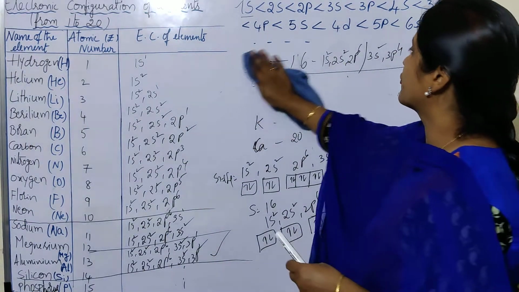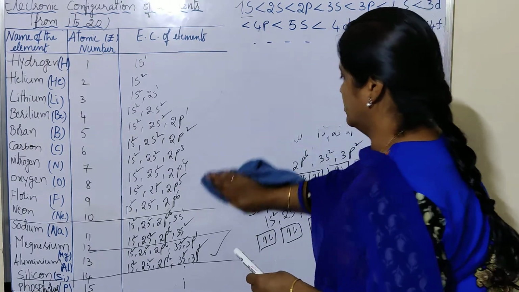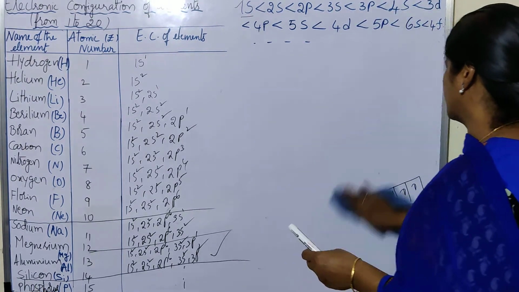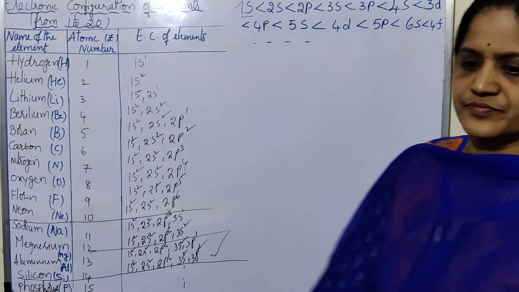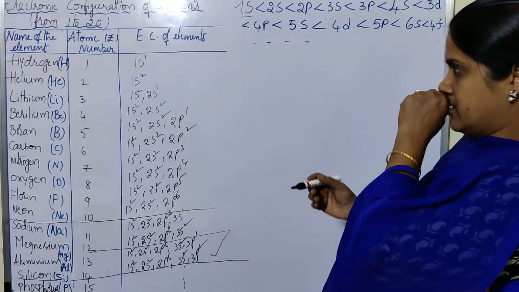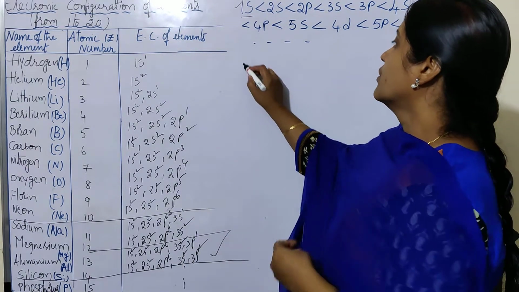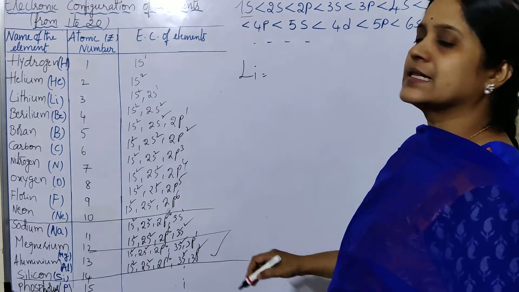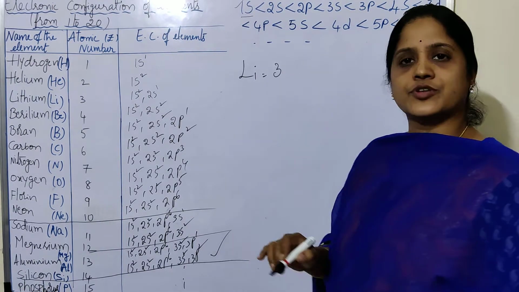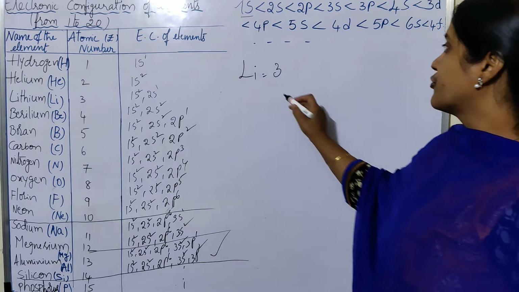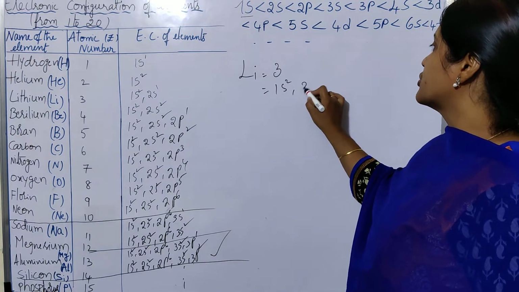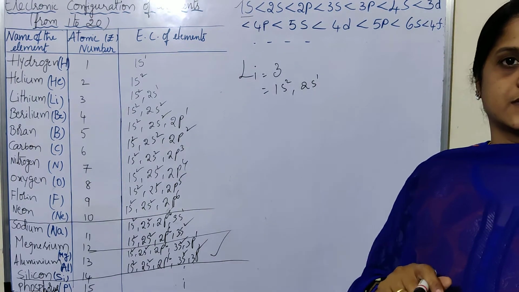for example, if you take sodium or lithium, any you can take. Suppose you take lithium, its atomic number is 3. If you write the electronic configuration of this one, you will get like this.